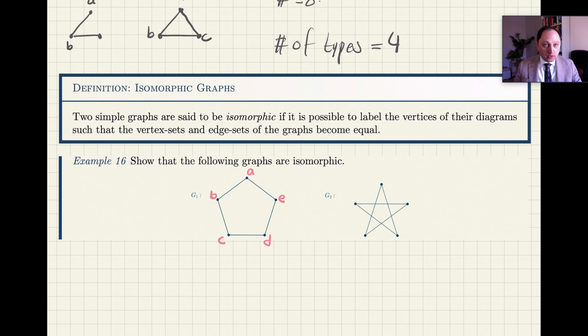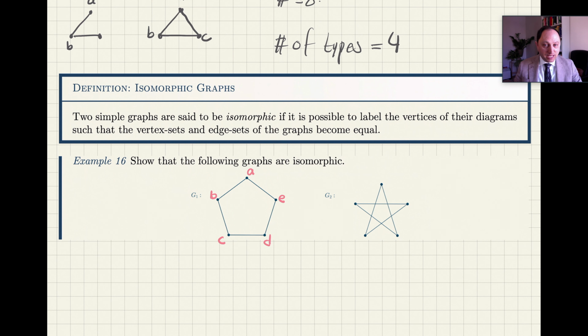But then I think wisely, if possible, to label the second one with the same letters, so that after labeling is done, the vertex sets and the edge sets become completely equal.